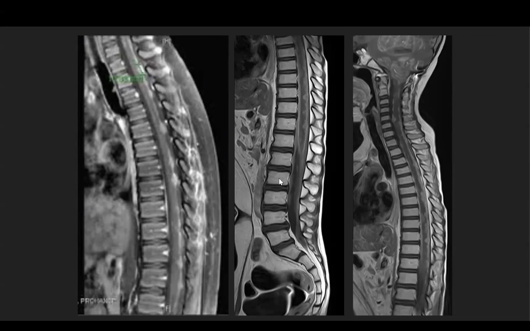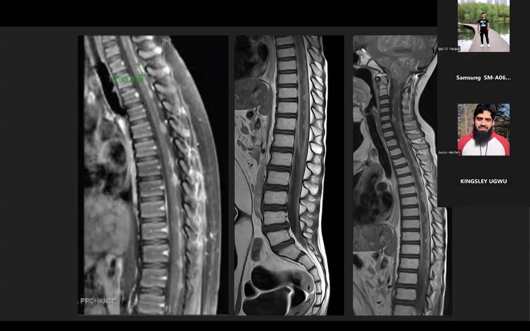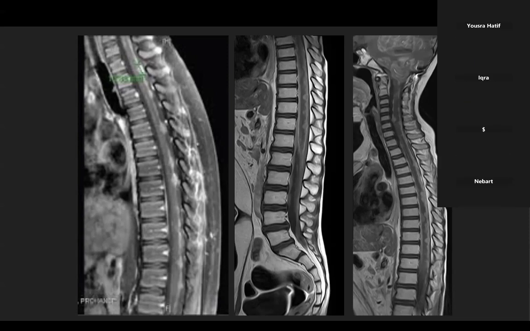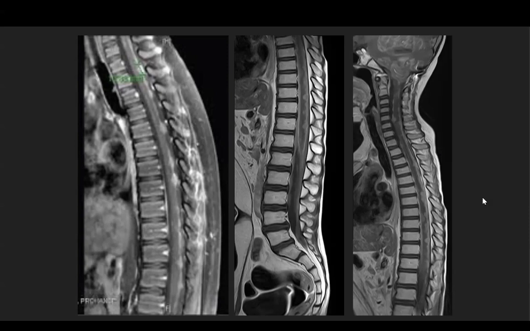Okay, thank you. First image, I would like to start from the left one. This is a sagittal section of an MRI from the base of skull to the spine, and it is a plain T1 image with leptomeningeal nodularity or meningeal nodularity.